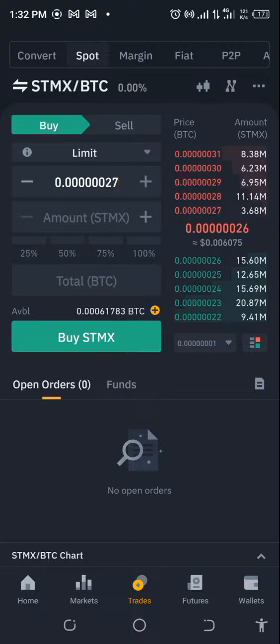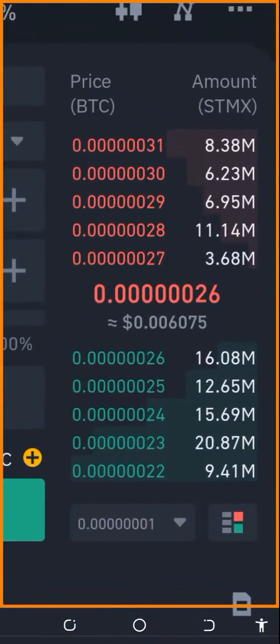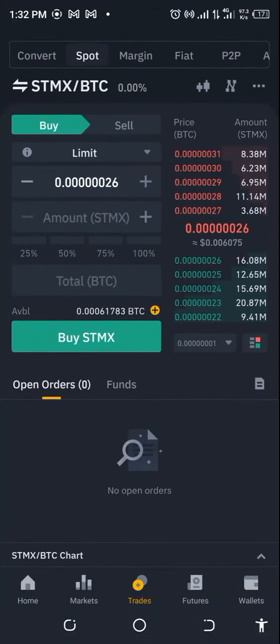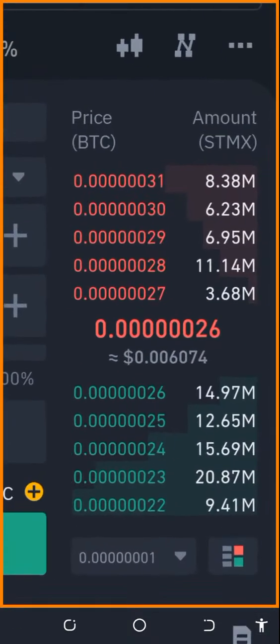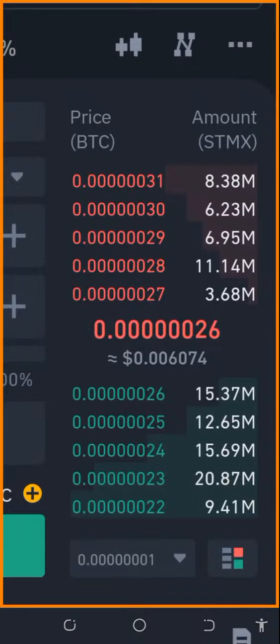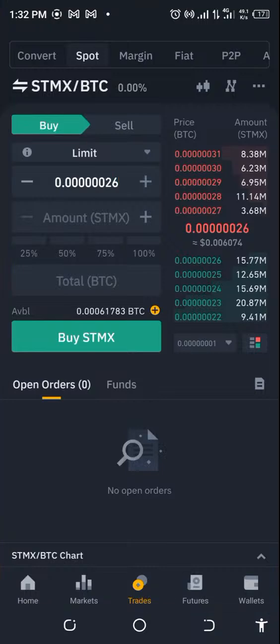You can see that I moved away from the market price, which is the one that naturally shows on the spot trading, the more visible one here. Now I want to choose one of the prices within the order book. So I'm going to choose the next price, which is 0.0027.